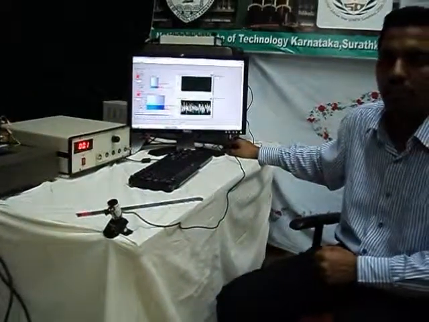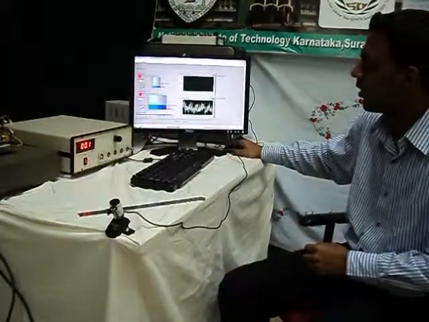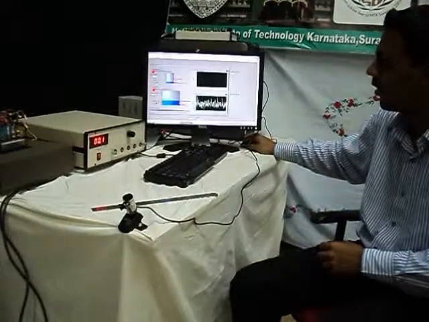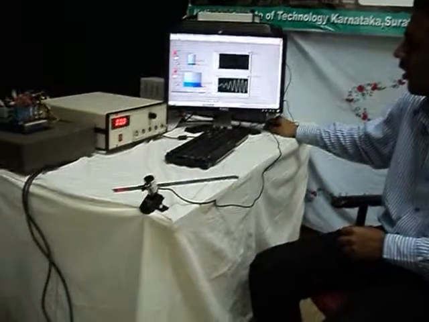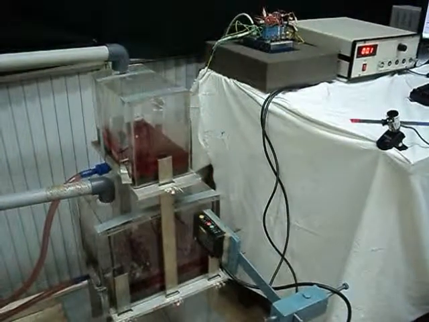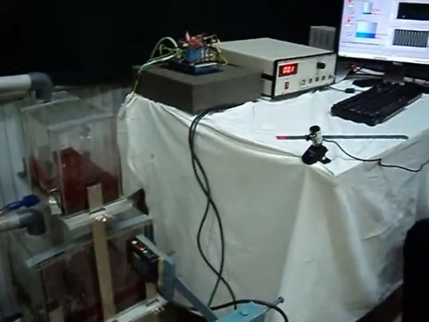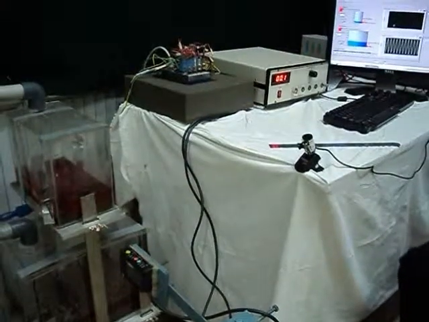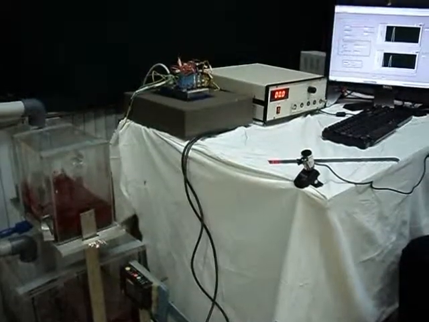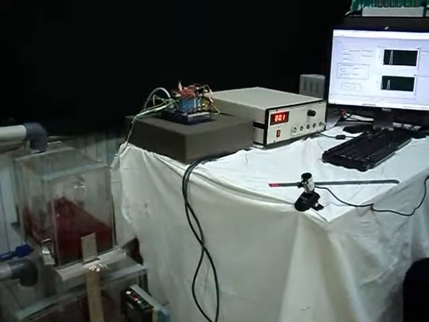To give the vibration or base excitation to the system, I will change the RPM of the motor. You can see the time domain data, and we can see the natural frequency of the system in the FFT graph.